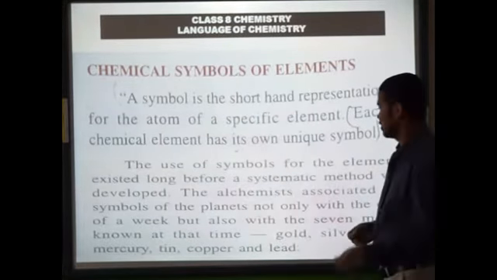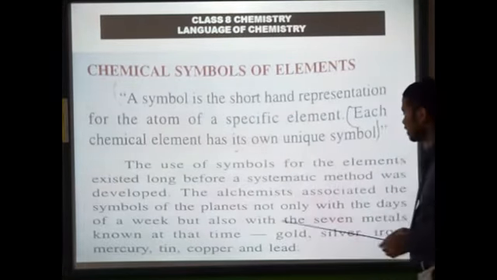Similarly, they gave symbols to the metals known in those days. There were only 7 metals known then: gold, silver, iron, mercury, tin, copper and lead. But now the number of elements is more. By the beginning of the 19th century, 26 elements were known, whereas earlier there were only 7.